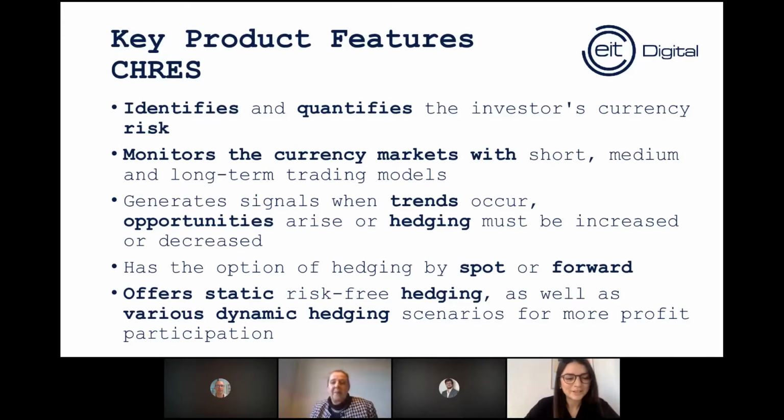I have a question, Andrea and Petra. Which currencies can I hedge with CHRES? Okay, we focus on the currencies with the highest market volume. So this is US dollar right now, and Japanese yen, of course, in Europe, British pound and Swiss franc. And we also have models for Canadian dollar, Australian dollar, and New Zealand dollar.